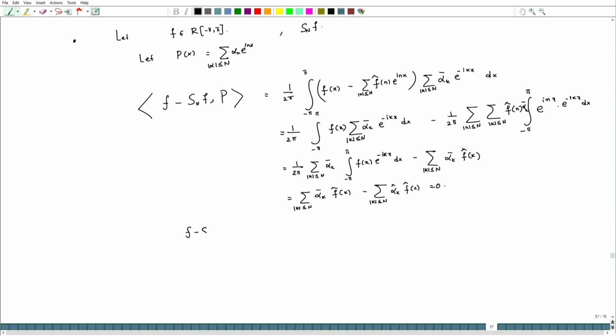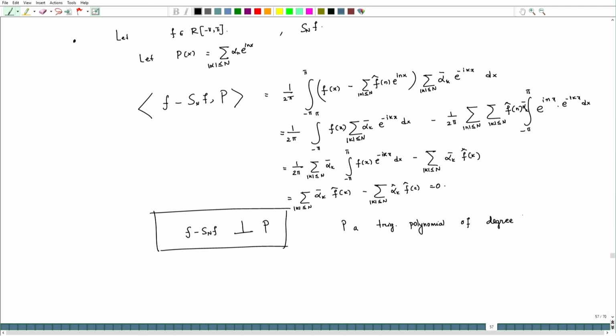In other words, we can rewrite it as: it is orthogonal to p, where p is a trigonometric polynomial of degree less or equal to n.